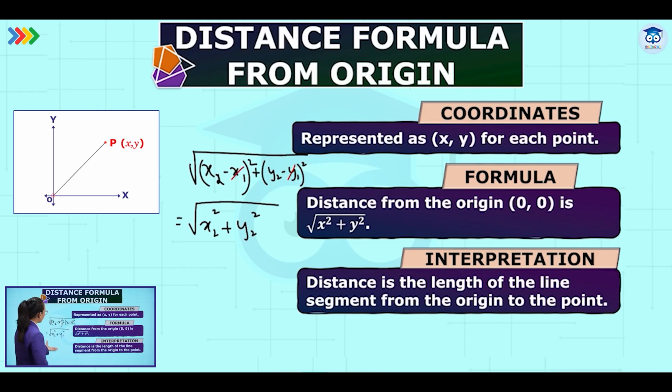So if you are finding the distance from (0, 0) to the point (x, y), we are going to find only this: under root of x squared plus y squared. So distance means the length between any two points. Here it means the line segment between the origin and the given point.